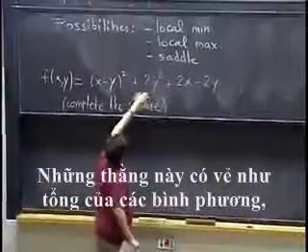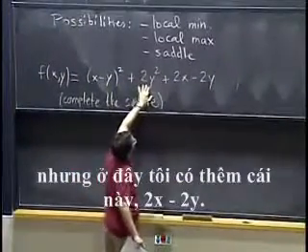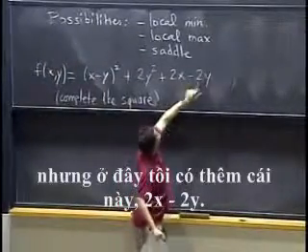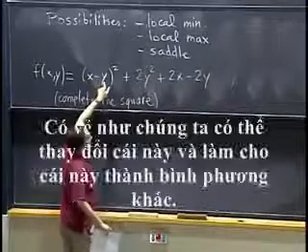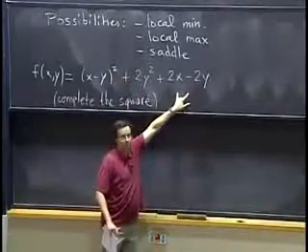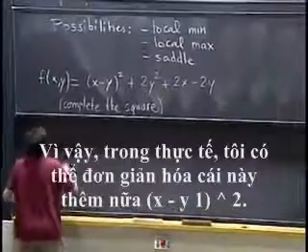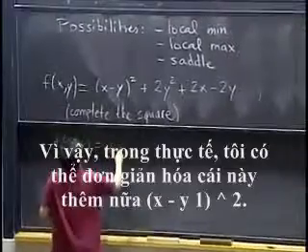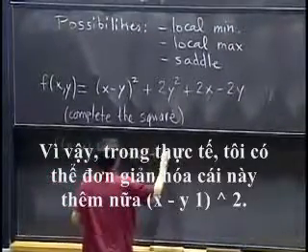Now these look like a sum of squares, but here I have this extra stuff. But 2x minus 2y is twice (x minus y). It looks like we can modify this and make it into another square. So in fact, I can simplify this further to (x minus y plus 1) squared.